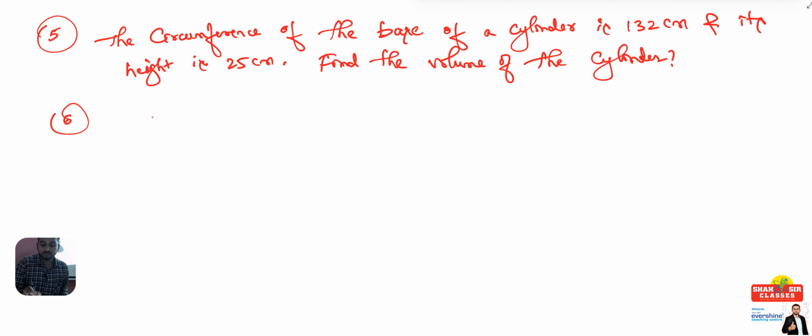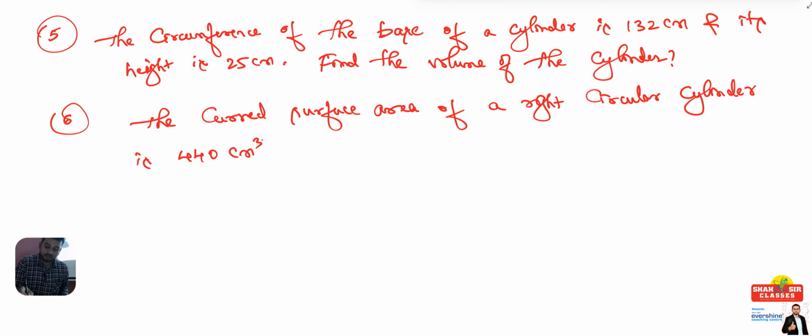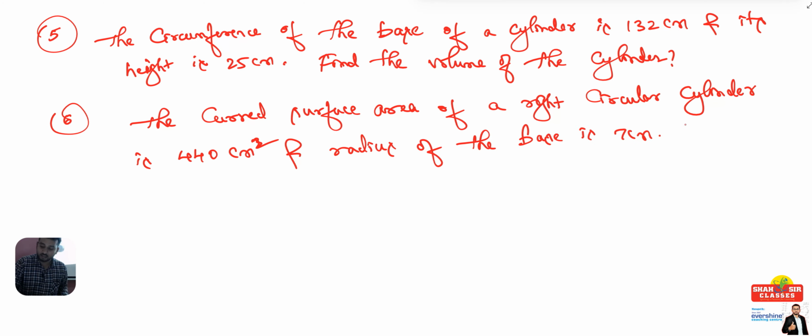Next question. The curved surface area of a right circular cylinder is 440 centimeter square, and radius of the base is 7 centimeter.